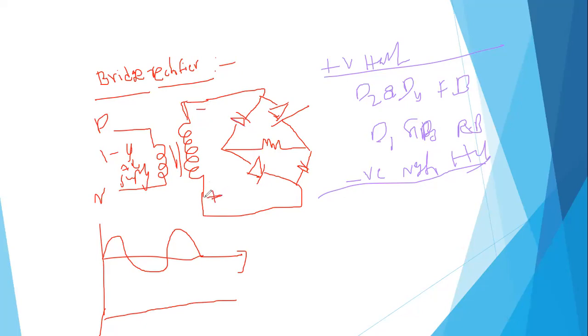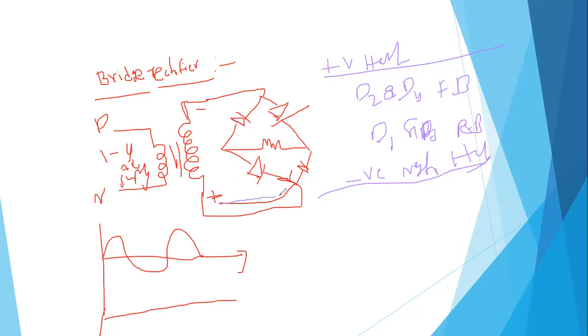So then the current passes in which way? This is positive, and the current is entering this way, so the current cannot pass through this way. It cannot flow like that. Then the current passes in this direction.